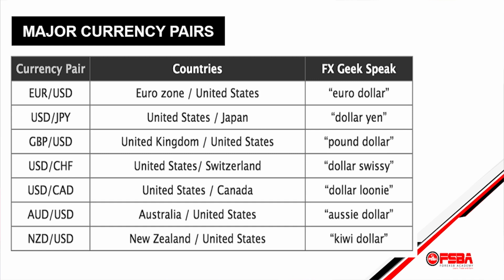The majors include 7 pairs, which are represented by a quote of the United States dollar and a currency of one of the world's most significant countries.